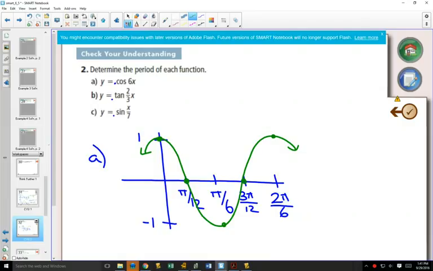And that was a lot quicker than doing 5 points and writing out where each of those points would end up. So for part A, our period is 2 pi over 6, or pi over 3.